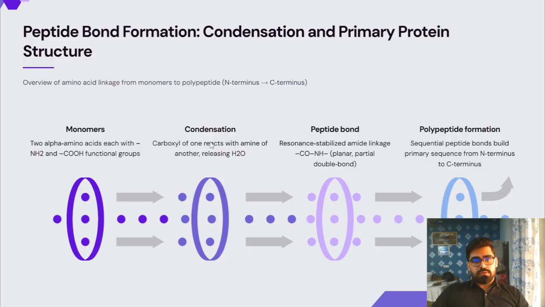What is the N terminus? The N terminus can also be referred to as the starting terminus. It is basically the amino terminus, the NH2 group, and the C terminus is the ending terminus. It is basically the carboxyl group or the COOH.